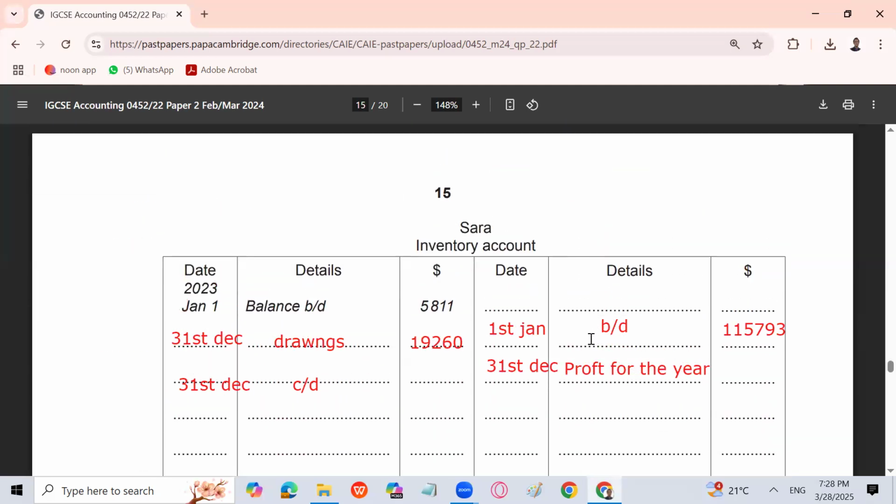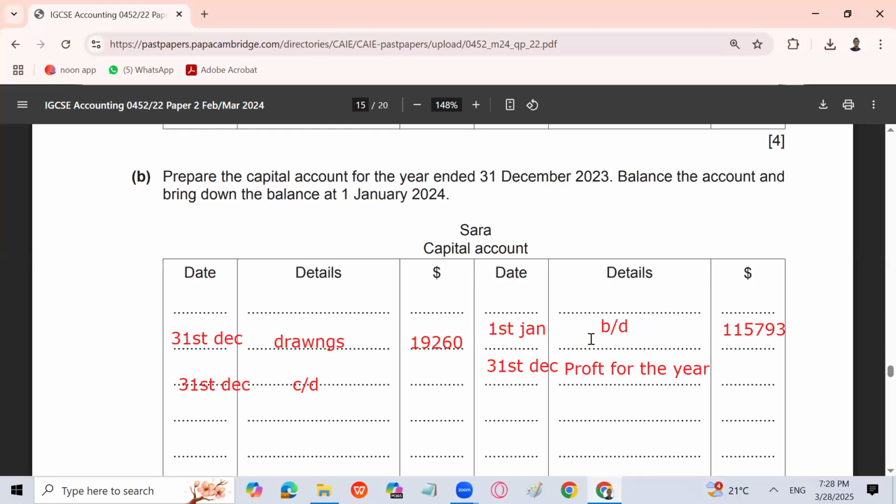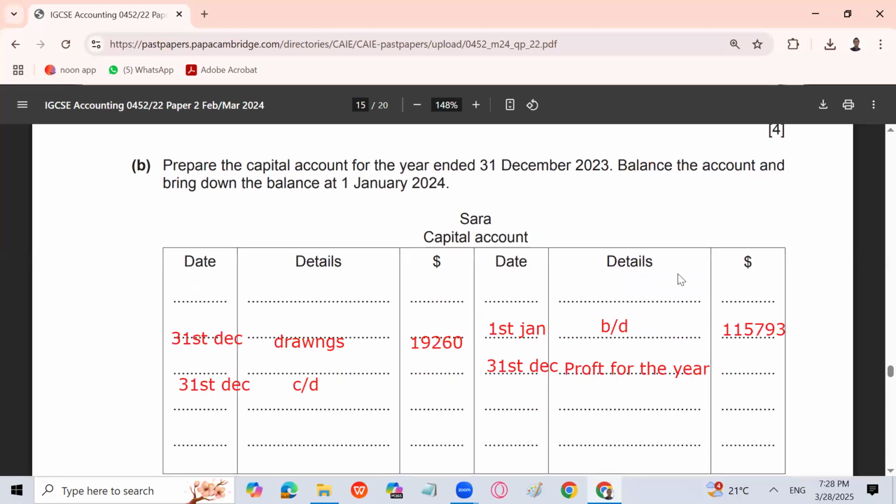So I will write 20180 in the profit for the year section. Now I will go for the total on both sides with the same amount, which is the total of the credit side.